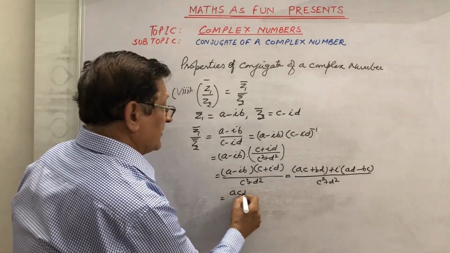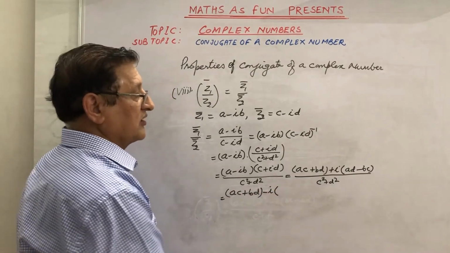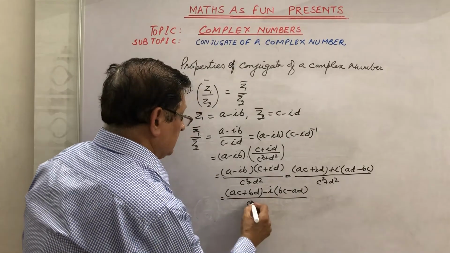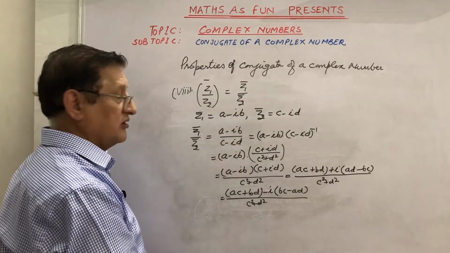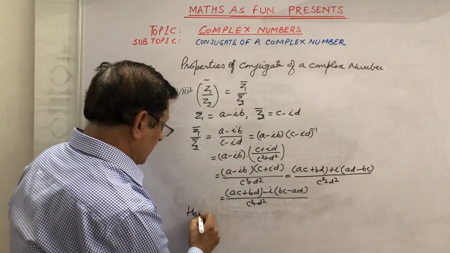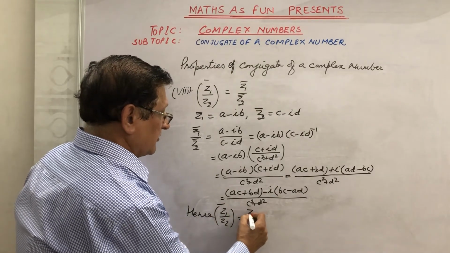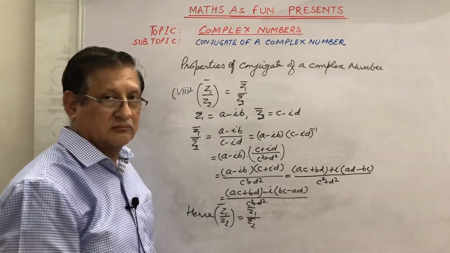Can we write this as ac plus bd? If I take minus common here, minus i(bc minus ad) upon c square plus d square. And we got the same thing from the first relation. It means we can say that (z1 upon z2) whole bar is equal to z1 bar upon z2 bar.